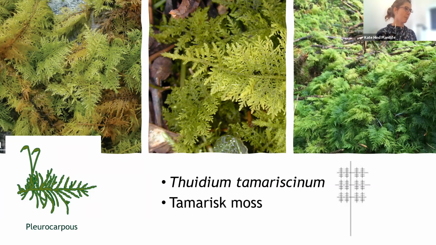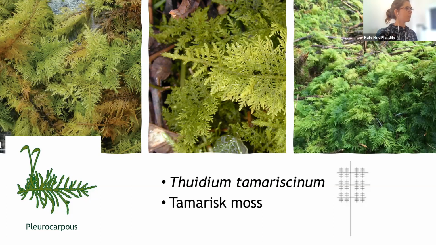We call it tripinnate because it divides 3 times from the main stem. An important thing to look out for on this is the colour of the main stem. It's always vibrant green, and there is a confusion species that has a red stem, and there's quite a few of the Acrocarpus mosses have red stems, but this is always bright green.